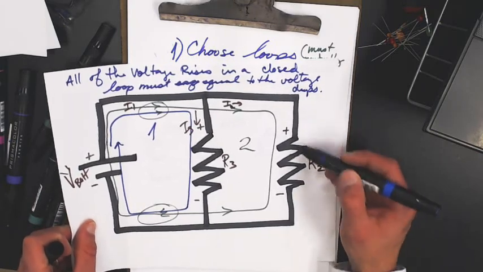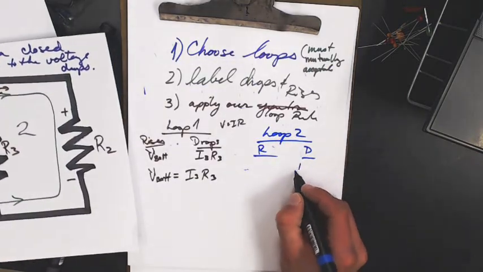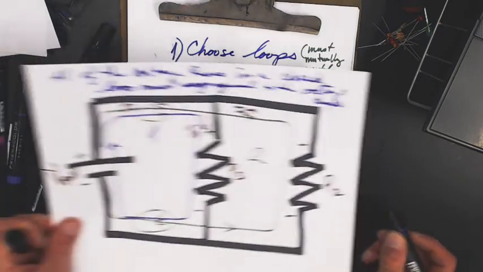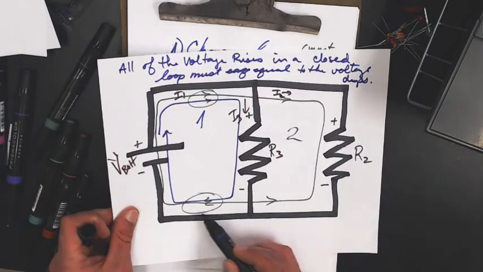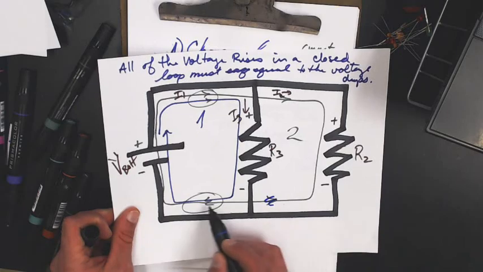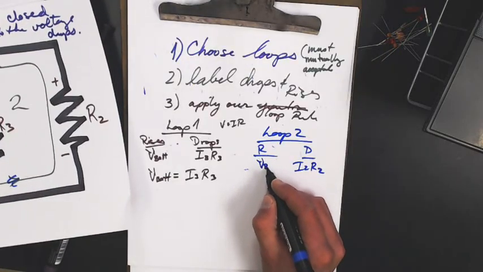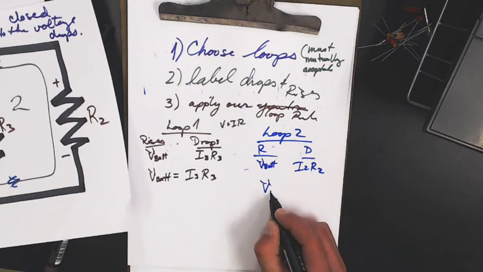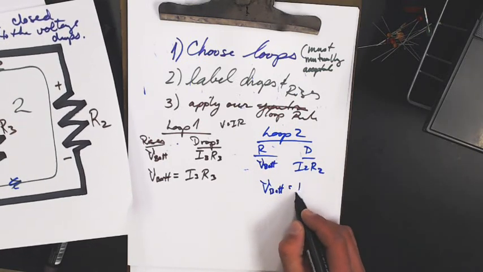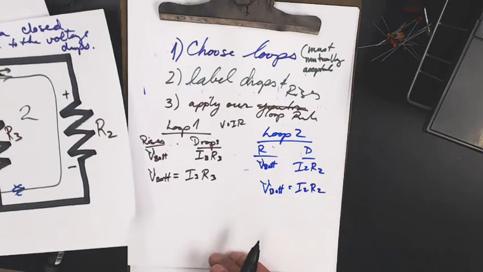I have I2 going across R2. That's I2 R2. And now I come back around, follow the current around, and then I have a low potential to high potential. That's the voltage of the battery. So this tells me that the voltage of the battery is I2 R2.